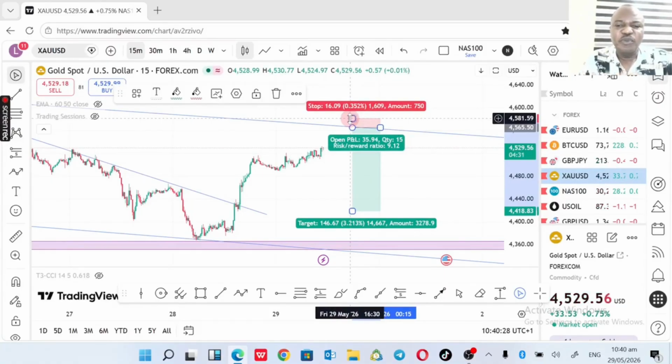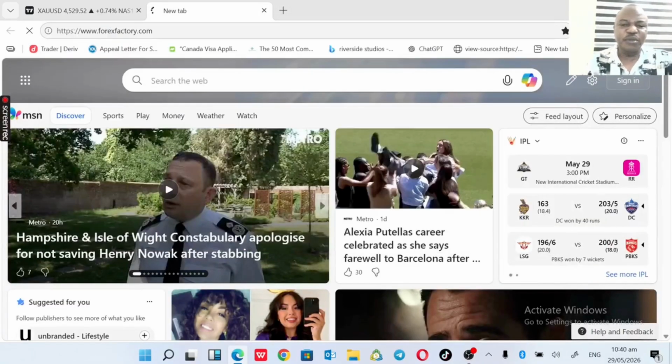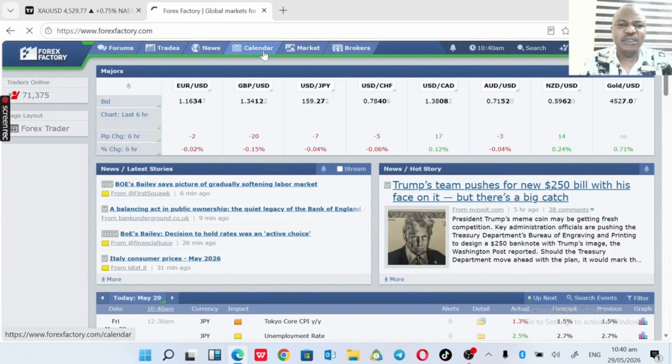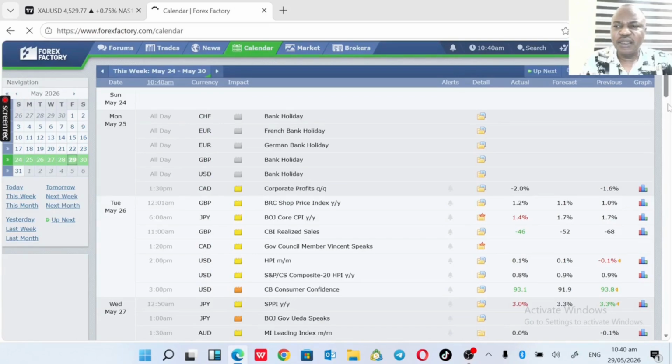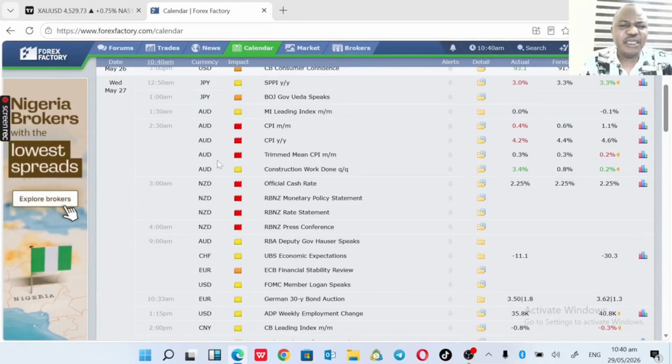But meanwhile, before we take any decision for the week, we have to check the fundamentals. Very, very key. Remember, I always tell you that you have to check fundamentals. So this Friday, I think the market is a bit clean. We're going to be having CPI news, trimmed mean CPI, construction, official cash rate, and all that, monetary policy, RBA, NZ monetary policy.